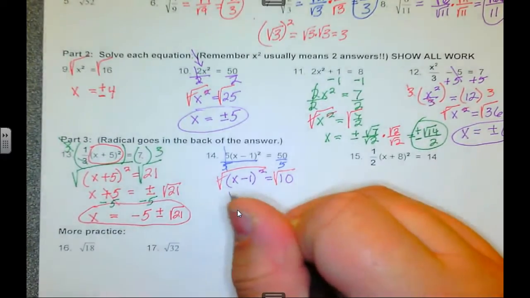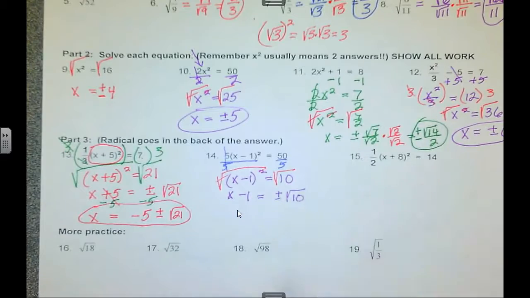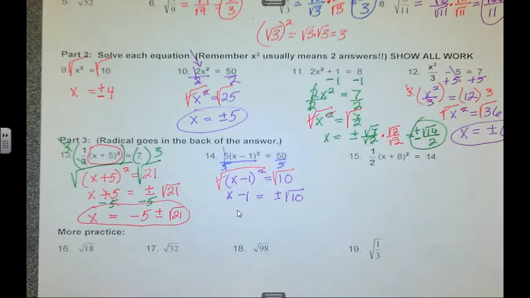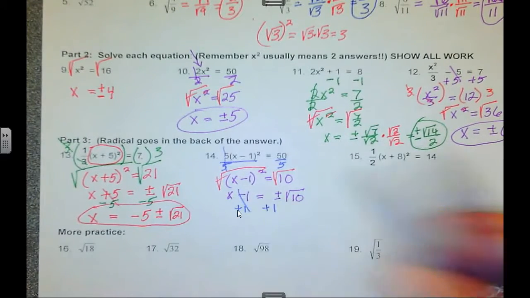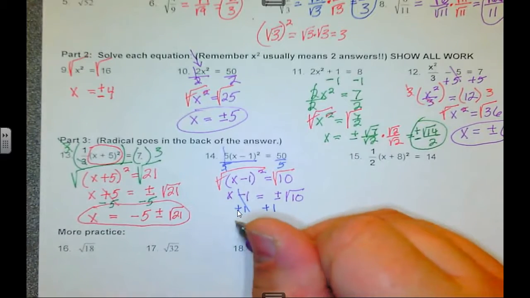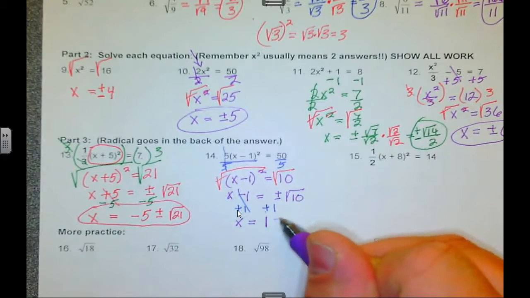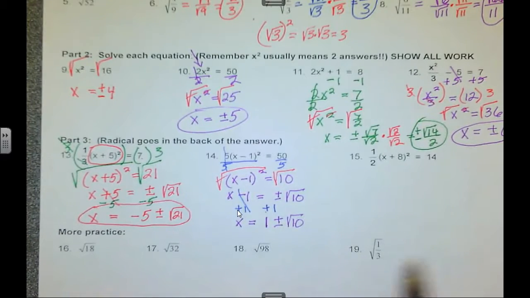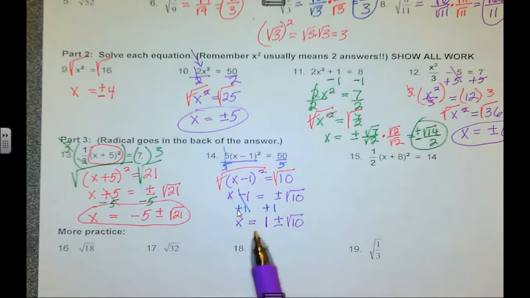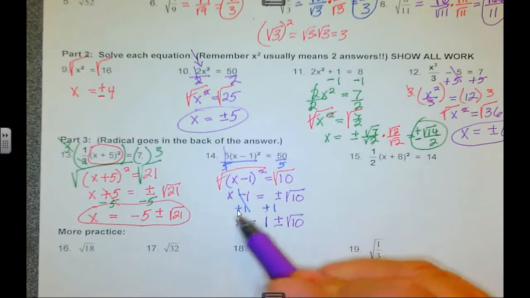So I get x minus 1 equals plus or minus the square root of 10. Now I add 1 to both sides. So x equals positive 1 plus or minus the square root of 10. These are unlike terms, so we have to keep them separate. 1 and radical 10 are not like terms. It's kind of like x and 2 plus 2. You can't add them together.